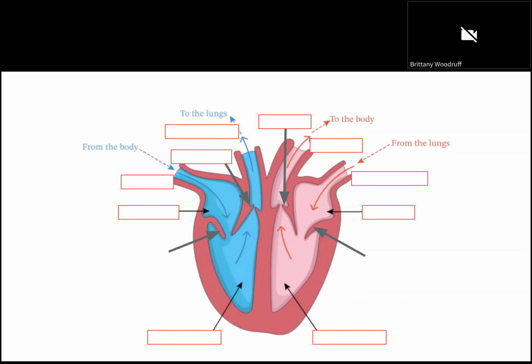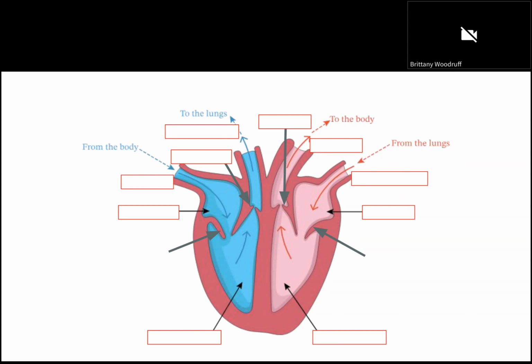Sitting between your right atrium and the lower chamber, which I'm not going to tell you the answer of, is going to be an AV valve. What AV valve is it? You have 3 lines. Tricuspid. The tricuspid valve. Lower chamber of the right side is called what?